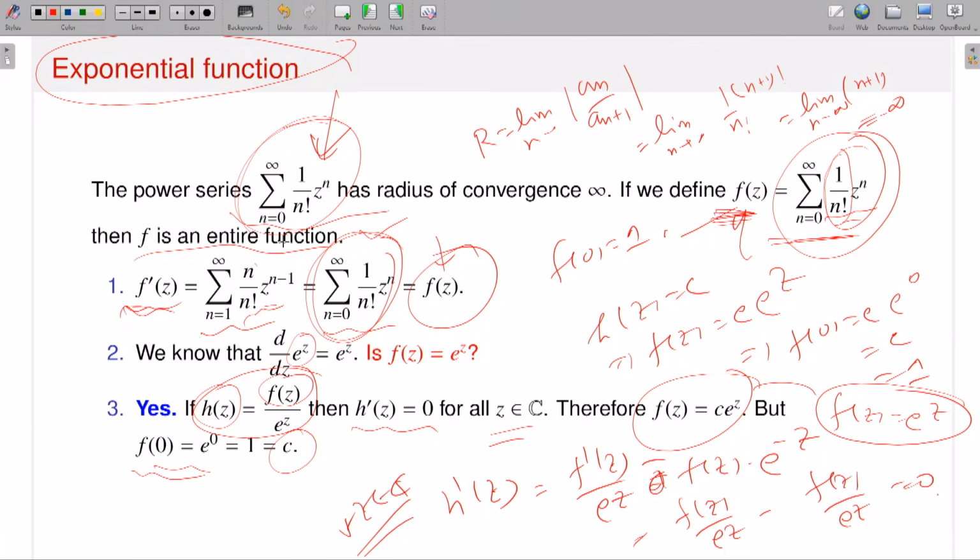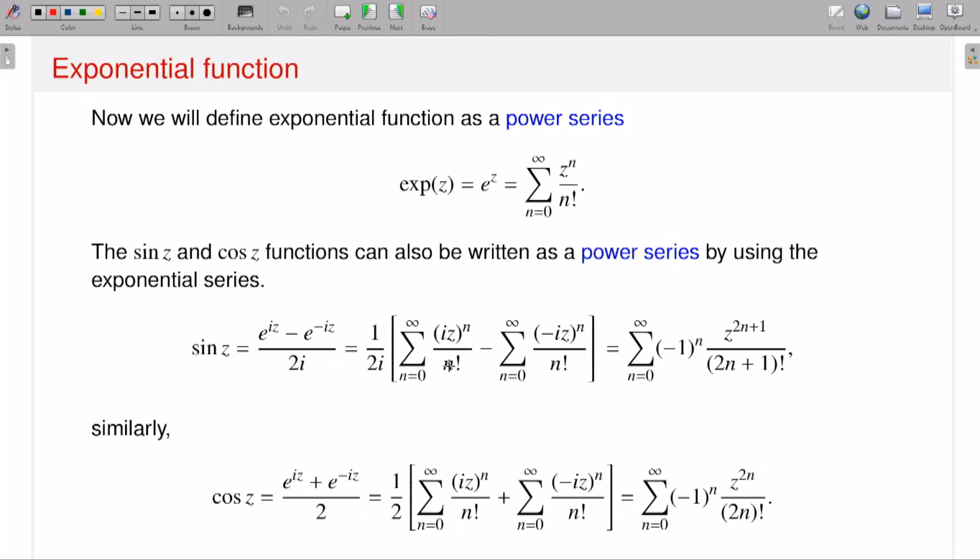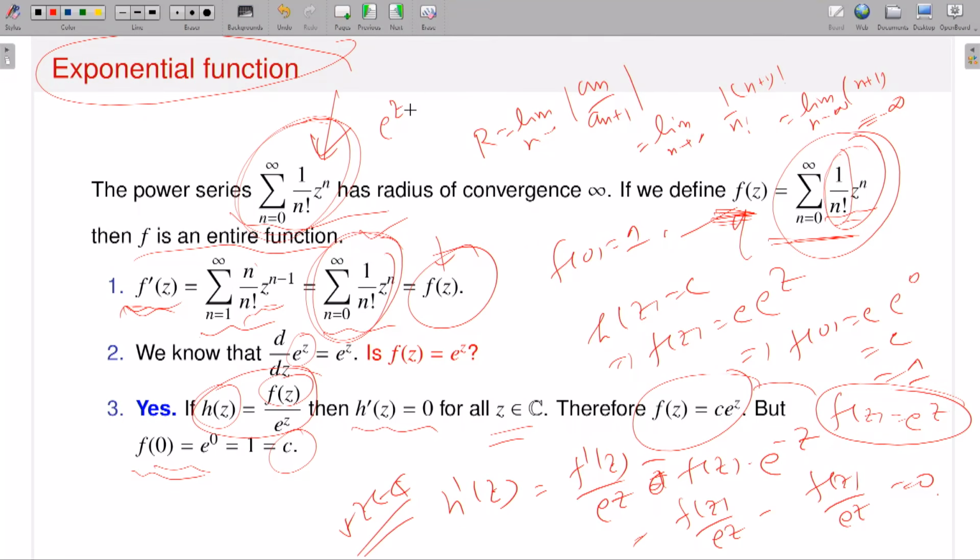And you also have the relations of the coefficients in terms of the sum function. Using that theorem I can conclude that the power series, sum over n from 0 to infinity of 1 by factorial n times z to the power n, is exactly equal to my function e to the power z. So I can say that e to the power z is exactly equal to this object.